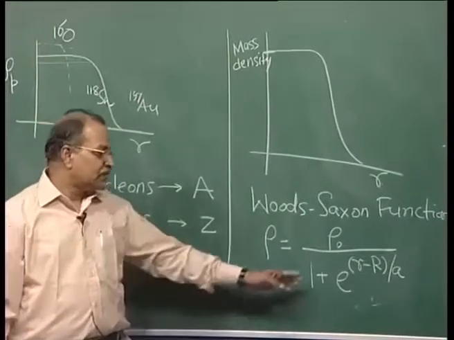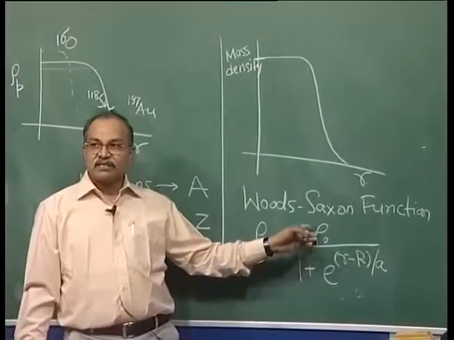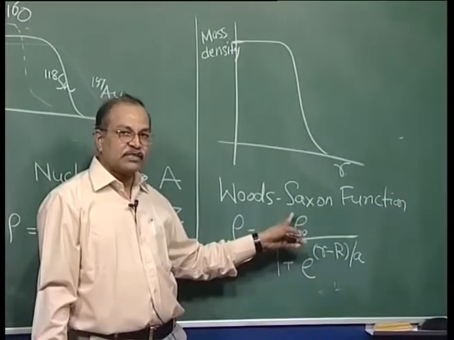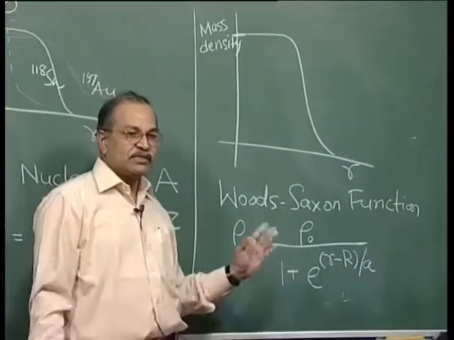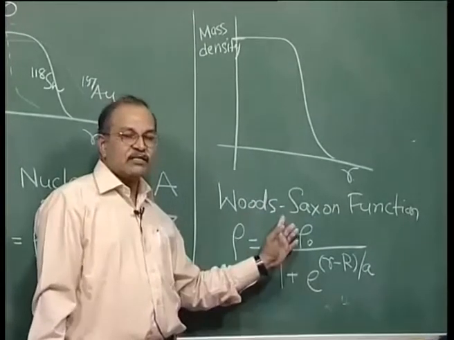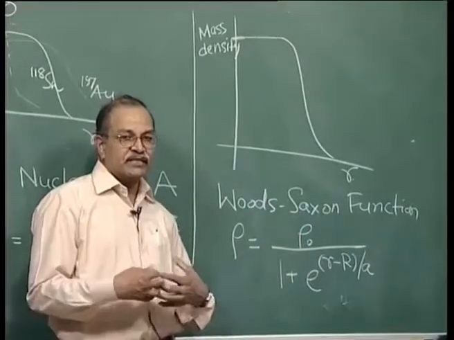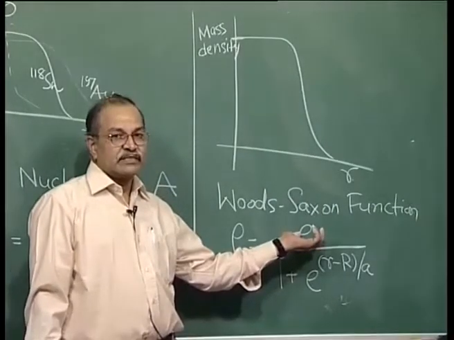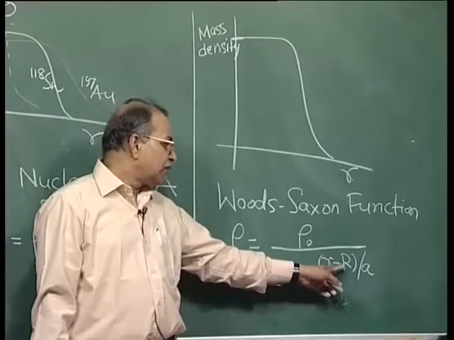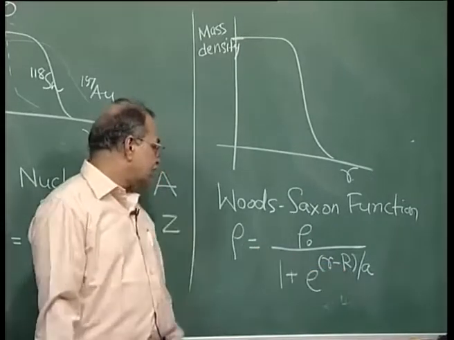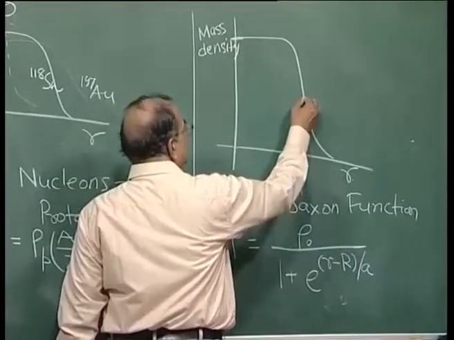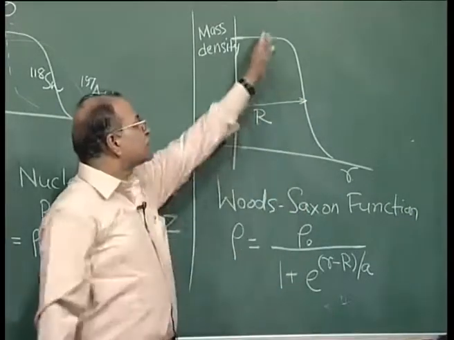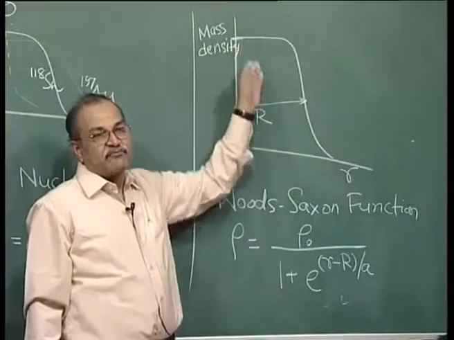Okay. Now, in this there are 3 parameters. One is this rho naught, which is a constant, and this tells you what is the total mass, if you are writing in terms of mass, or what is the total number, if you are writing in terms of number. So, that is this thing. Now, this capital R here is this distance, where the density falls to half its maximum value.